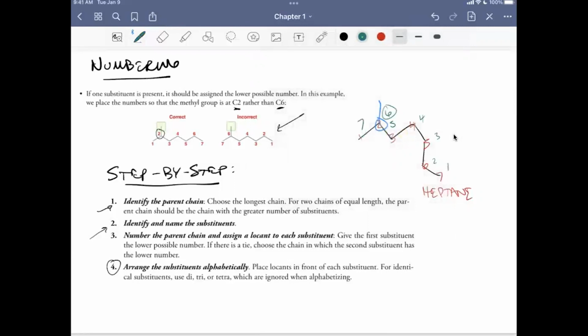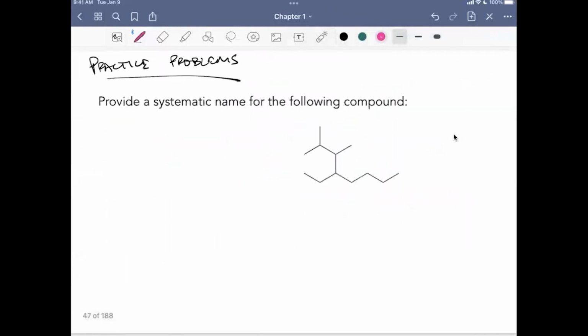It is what I'm trying to say. And then the last step here is to arrange the substituents alphabetically. So obviously this is a methyl group up here, and let's say right here we had a tert-butyl. You would want to assign those names alphabetically. So M and T you would be looking at, and in your naming, you would go A, B, C, D, alphabetically.